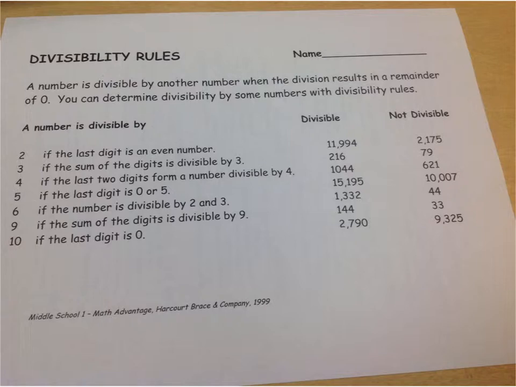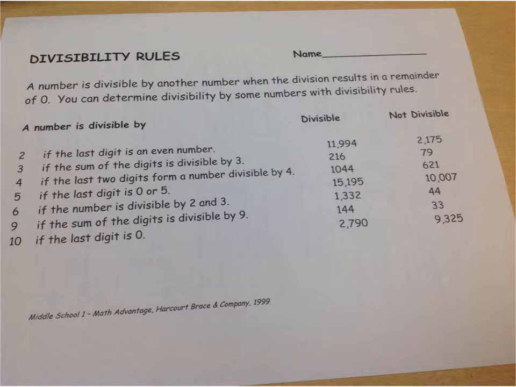A number is divisible by 4 if the last 2 digits form a number divisible by 4. So in 1044, since 44 is divisible by 4, then 1044 is also divisible by 4. A number is divisible by 5 if the last digit is a 0 or a 5.